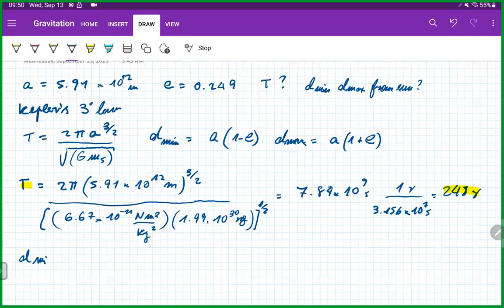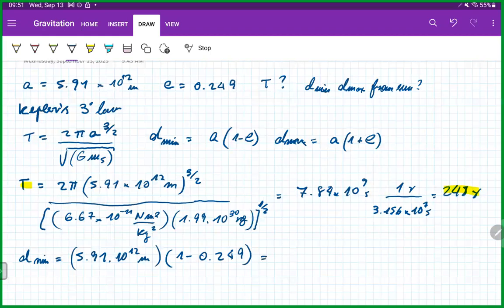Okay, so let me get the D min equal 5.91 times 10 to the 12 meters, times 1 minus 0.249.